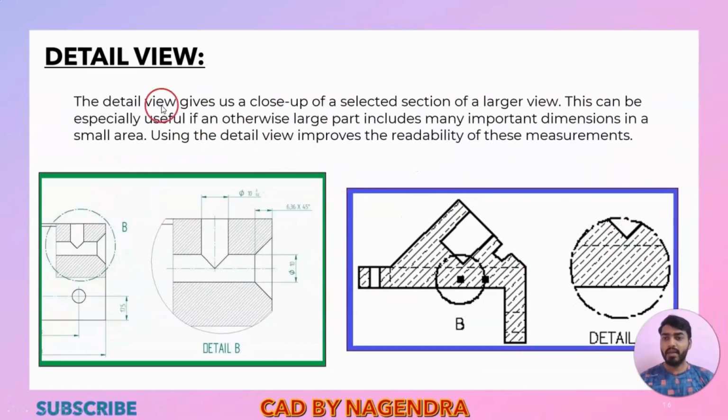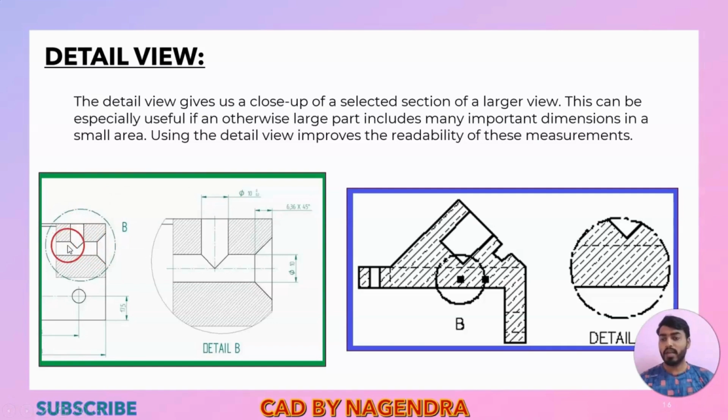Next we have detailed views. What is meant by detailed views? Detailed views are used when we have a complex shape. Let's say for example one view is there, and here we have one countersunk hole and one more simple hole with a V bottom.